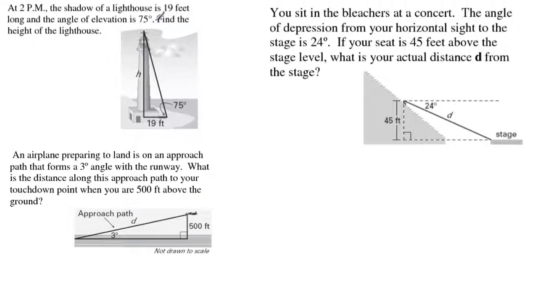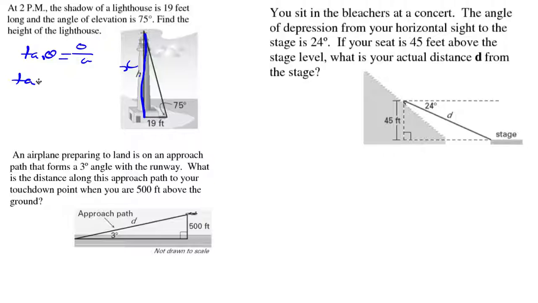So at 2 p.m., the shadow of a lighthouse is 19 feet. The angle of elevation is 75. So we want to find out how high this is. So the height, I'm going to call this x so I don't confuse anybody with h for hypotenuse. Because we know in this case, we have the adjacent side and we're looking for the opposite side, that's tangent.